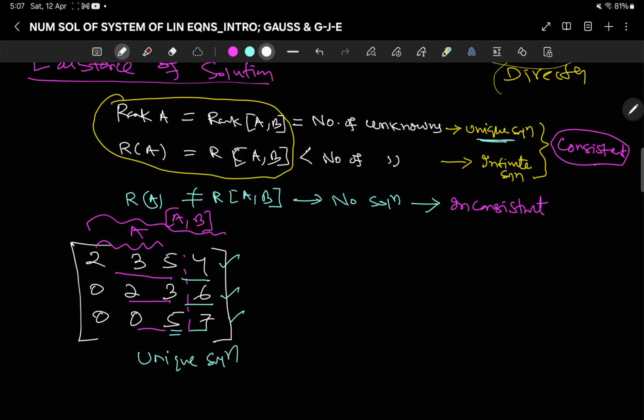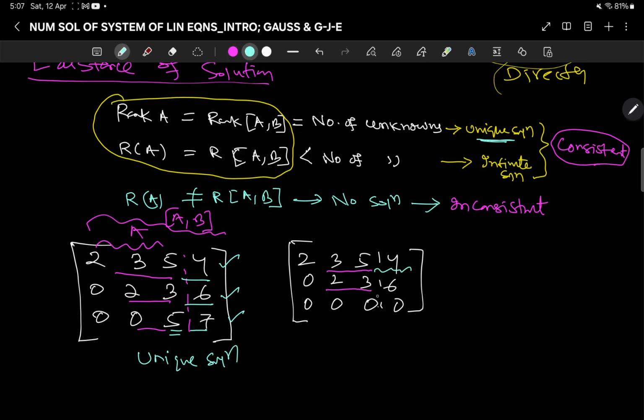Similarly, if you have 2 3 5 4, 0 2 3 6, 0 0 0 0, you see here the rank of A is 2, and from the perspective of AB it is also 2, but it is less than the number of unknowns, 3.